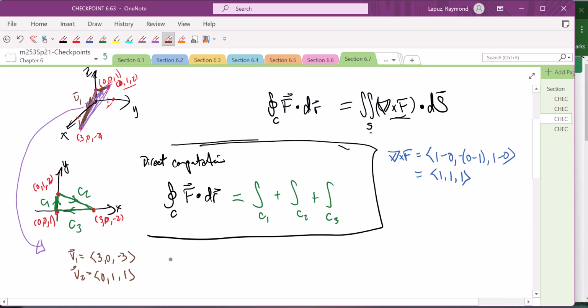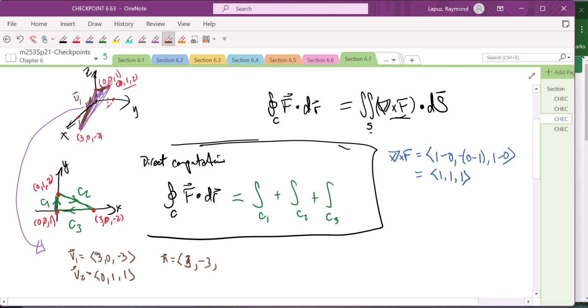And then we'll cross those to find our normal vector. So the cross product of this is going to be, with respect to x, 0 minus negative 3, so that's a positive 3. The middle term will be a negative, and that's a 3 minus 0, so that's negative 3.